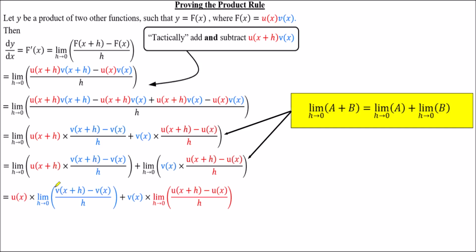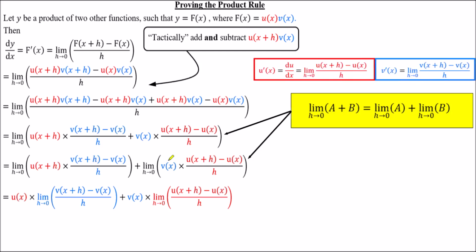And now if we compare what's in the red and what's in the blue here to how we defined the derivative from Year 12, we can see that this in the blue is the definition of the derivative of v of x, this is v dashed of x, and this in red is u dashed of x. So replacing this with what these actually are, this is u of x times v dashed of x plus v of x multiplied by u dashed of x, which is the product rule.